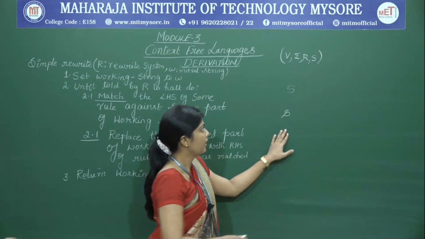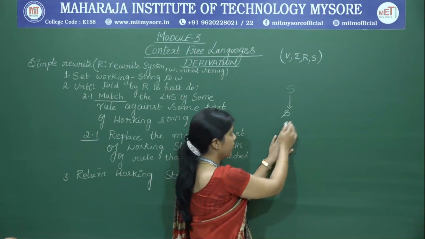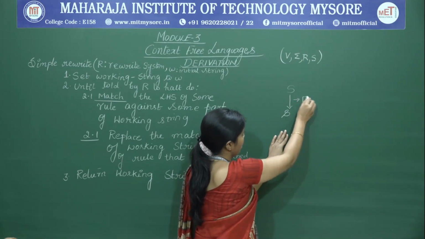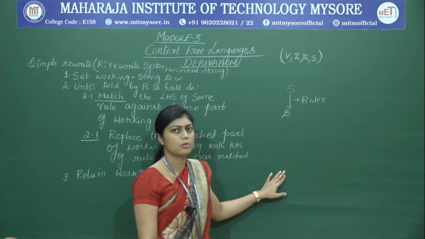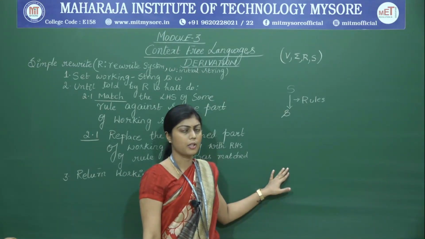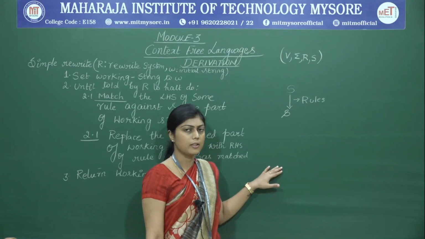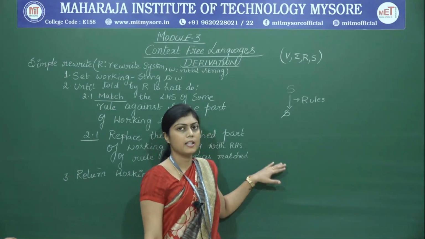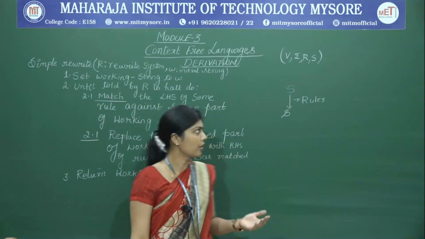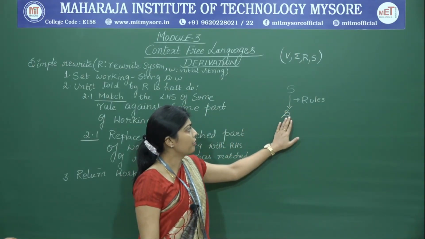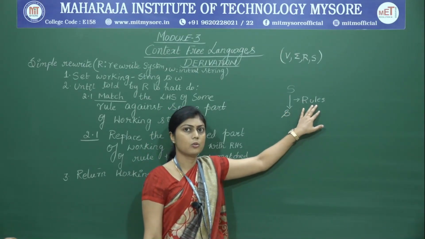For this derivation from the capital S to the small s, we are supposed to apply rules of the grammar. We apply the rules recursively, in any order, in any sequence, or any number of times, so repetition of the rules is also possible. Once we do that, we will arrive at the required string, and we stop applying the rules.